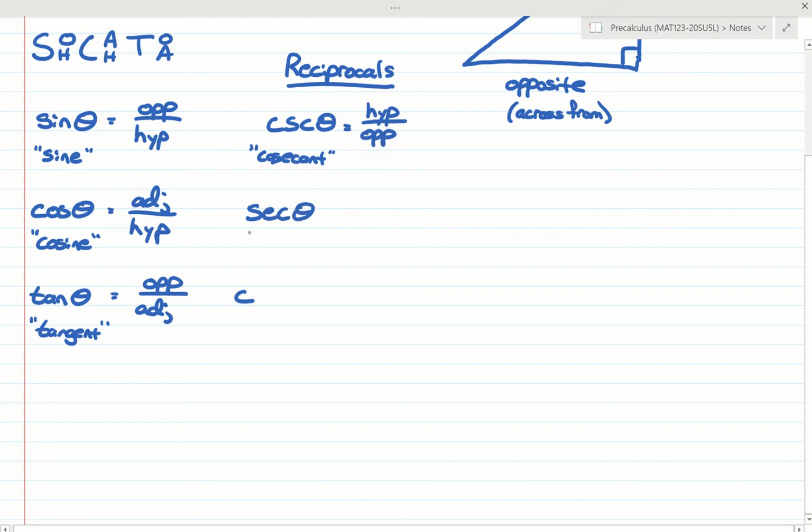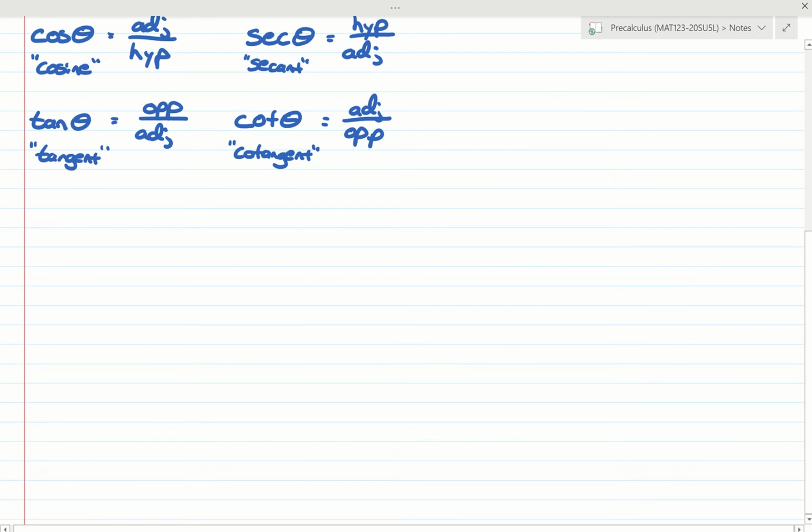Secant is defined as the hypotenuse over the adjacent, and cotangent is defined as the adjacent side over the opposite. So those are just definitions. So let's take a look at how we're going to use these going forward.